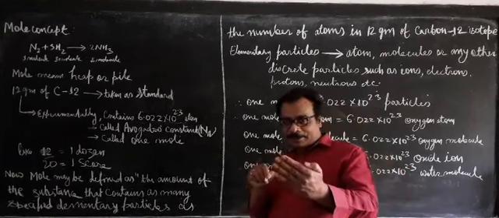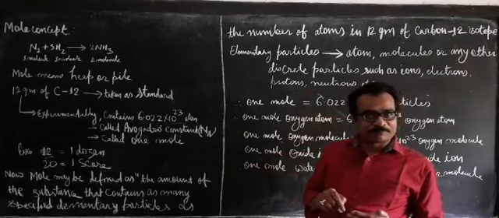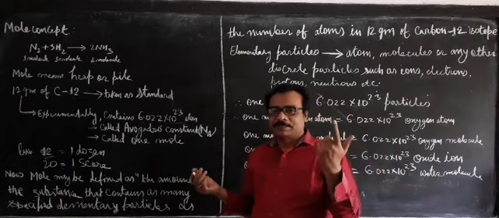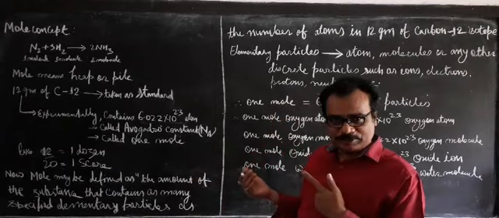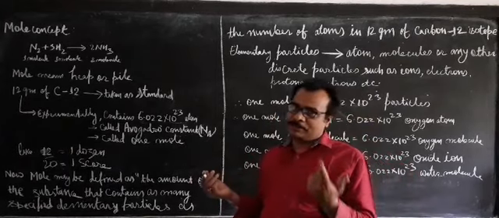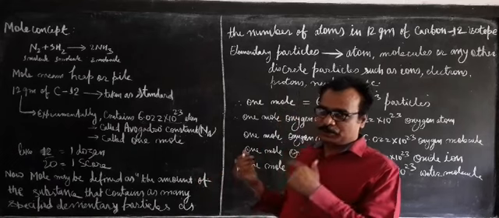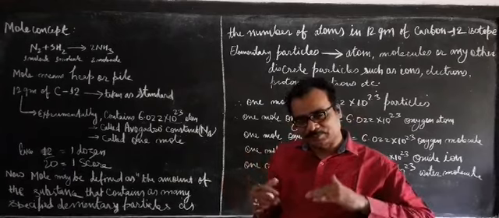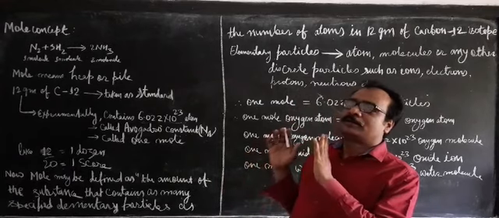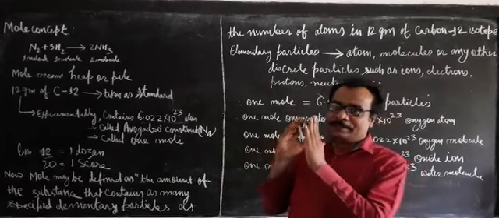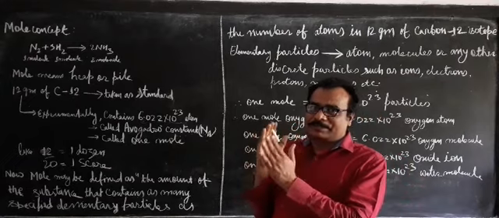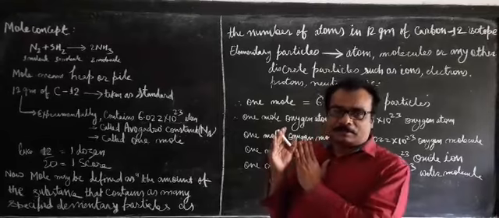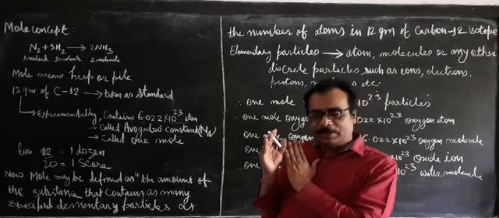But the number in these three is the same. 12 gram of carbon contains 6.023 into 10 power 23, 14 gram of nitrogen contains 6.023 into 10 power 23, and 16 gram of oxygen contains 6.023 into 10 power 23 atoms. So the number is the same for 1 mole, but the mass will be different for each and every element.